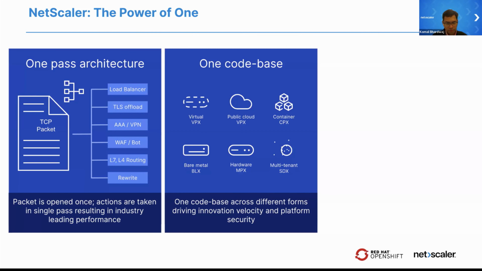And then the virtual form factor VPX, and then in the containerized form factor, we have launched CPX for the last 4 or 5 years, and a lot of customers are using containerized NetScaler inside the OpenShift clusters and other Kubernetes distributions. And recently, we have been working on another cool form factor for NetScaler, which is BLX, which runs as RPM on popular Linux distributions such as RHEL.